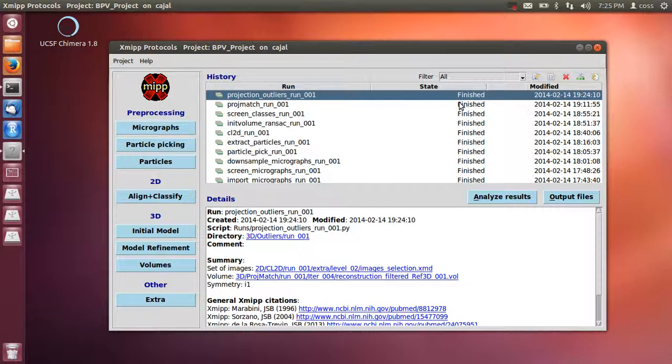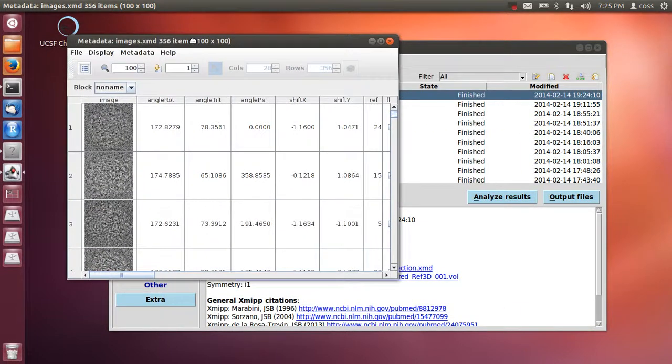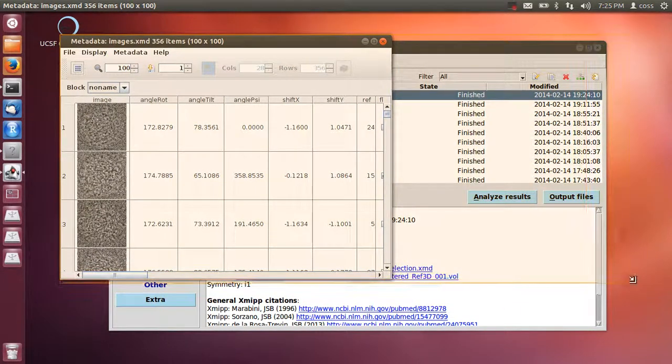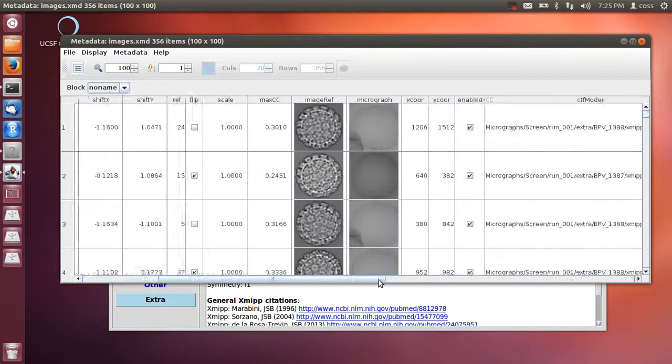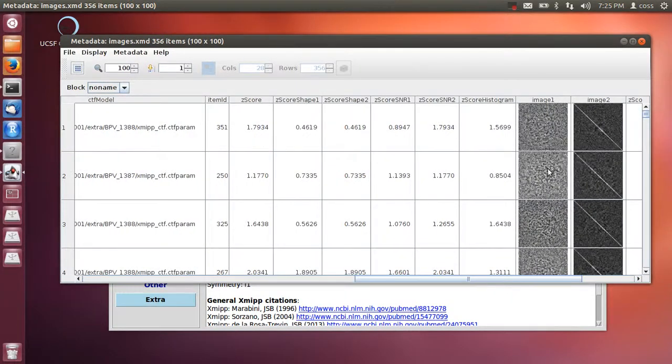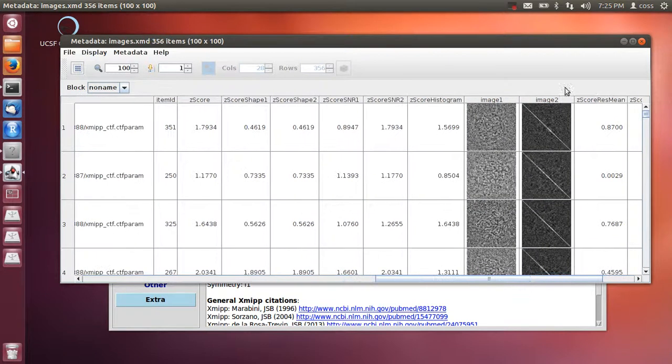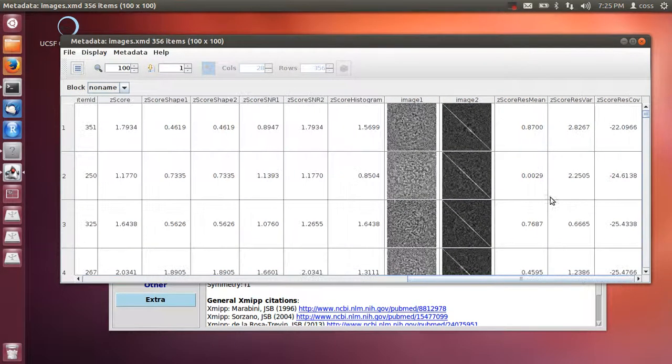Okay, so now what we have here are all the experimental images and the reference that they have been assigned to, and also what is the difference, and we compute the covariance of that difference, and we can make some calculations on those covariances. Okay, so now they have been sorted by this set score.